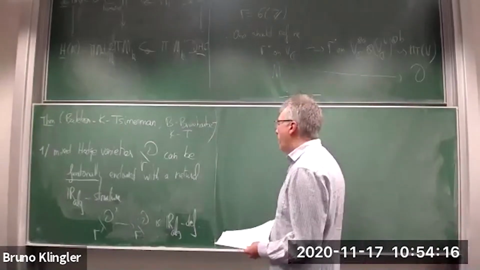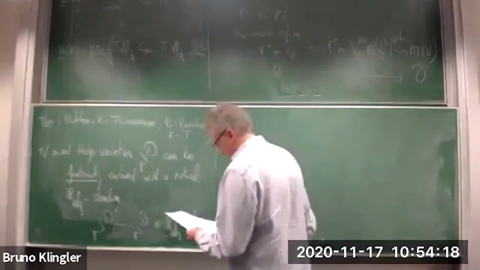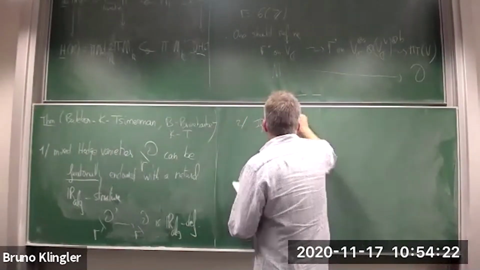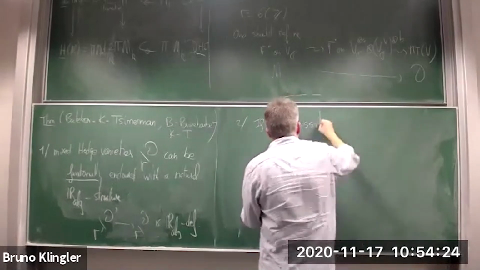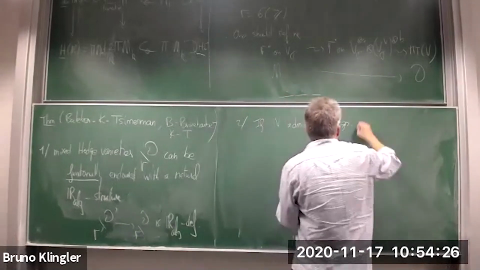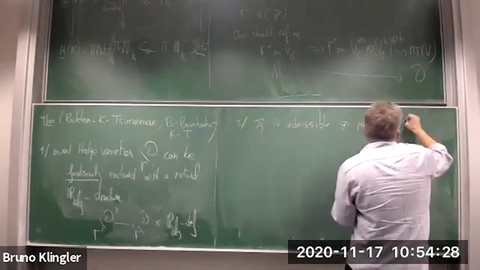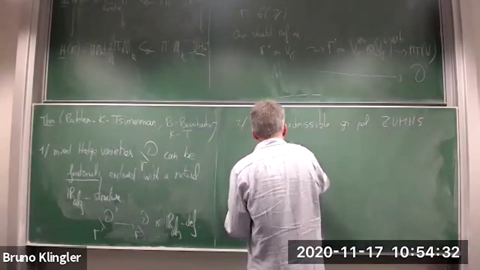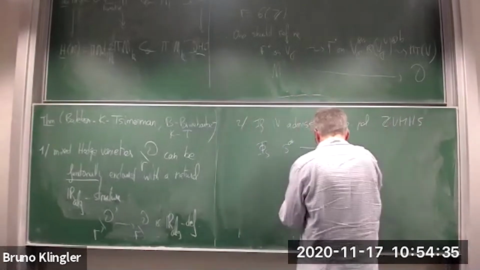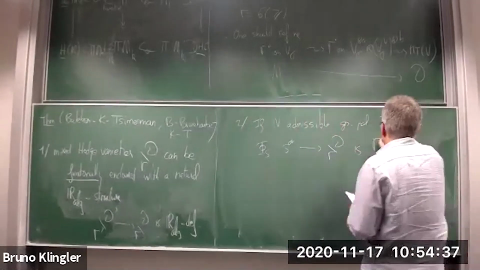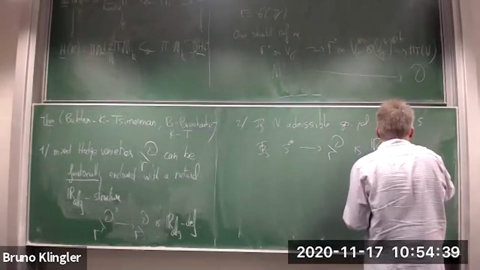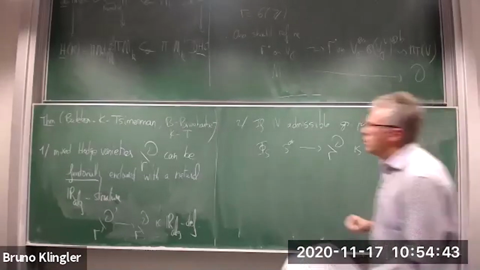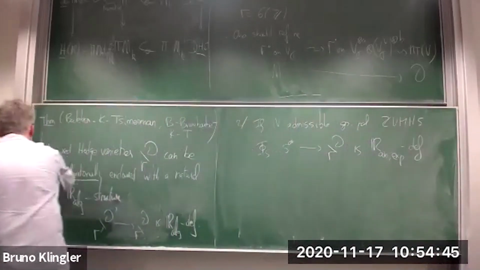And the second thing is that if V is admissible, graded polarizable variations of mixed Hodge structure, then the associated period map phi S from Sn to D mod gamma is Rn X definable. This is the main part of the theorem.